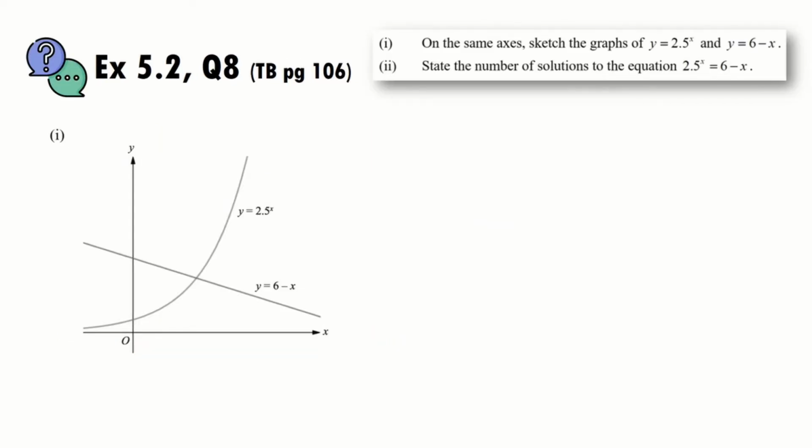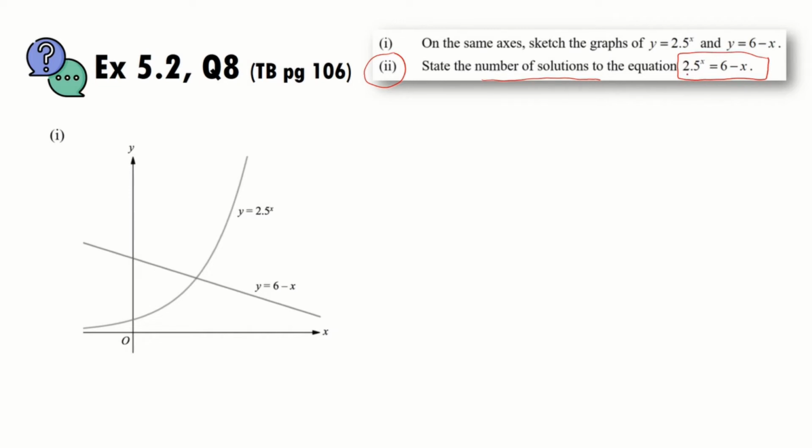In this next question from Exercise 5.2 Question 8, in part 1, we want to draw on the same set of axes the graphs of y equals 2.5 to the power of x as well as y equals 6 minus x. I shall not dwell on the sketch itself. I would like to pay more attention to part 2, where we want to find the number of solutions to the equation 2.5 to the power of x equals 6 minus x.